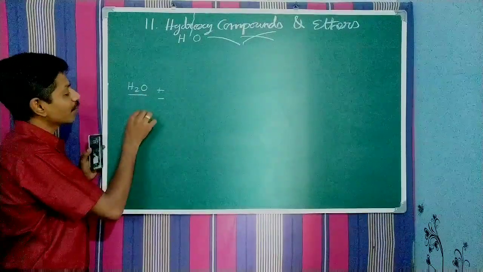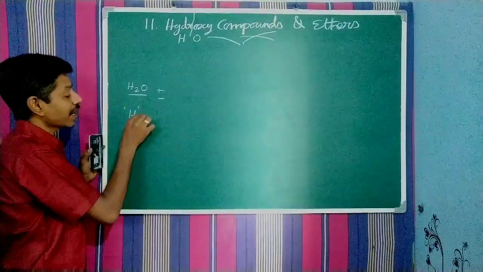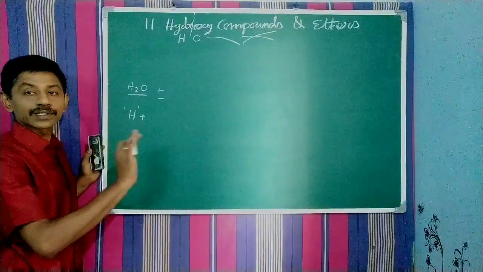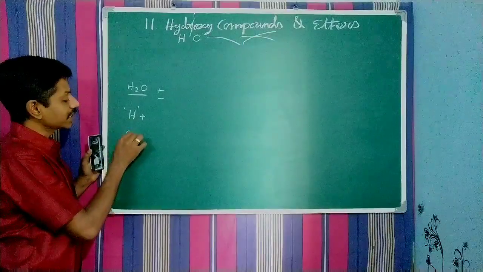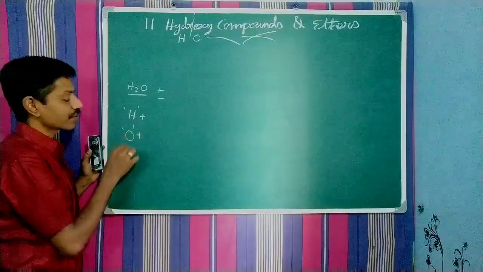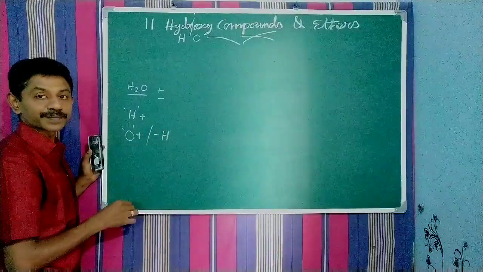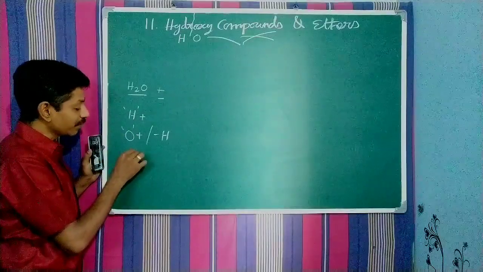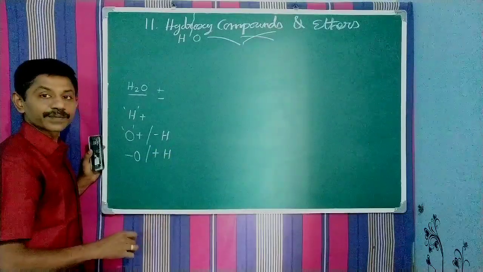They talk about hydrogenation, that means adding hydrogen. Dehydrogenation means removing hydrogen. And oxidation may be addition of oxygen or removal of hydrogen. Reduction can be removal of oxygen or addition of hydrogen.